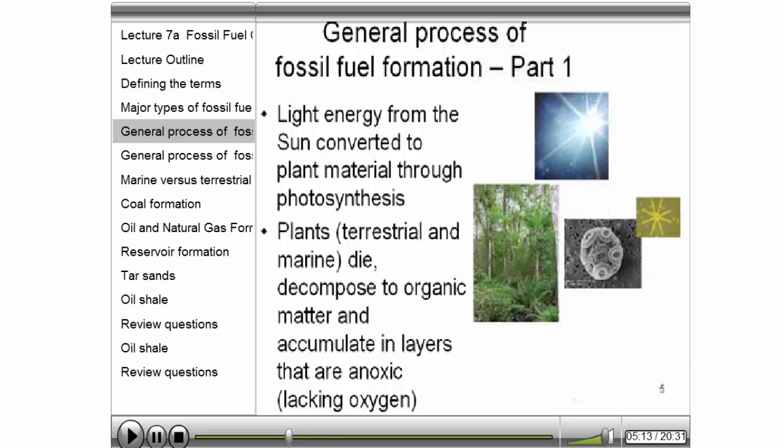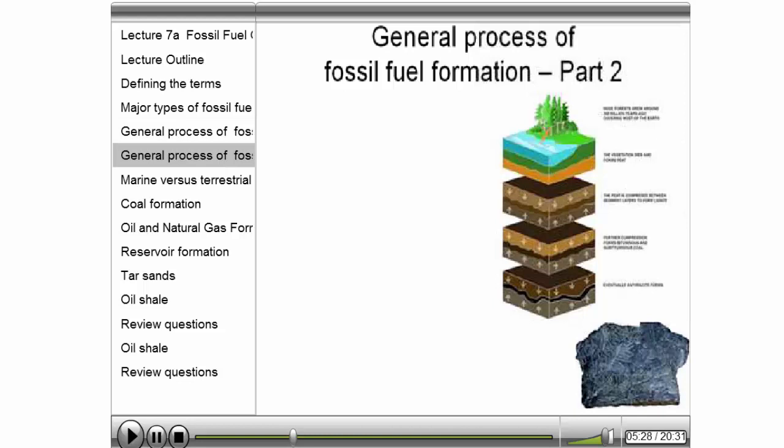Further chemical reactions consume the oxygen, and physical transport processes remove the oxygen from the area of these layers, and they become anoxic, or lacking oxygen. Once those layers are deposited, then there is a process of burial, and that's derived from sediment, either from a terrestrial case or an oceanic case.